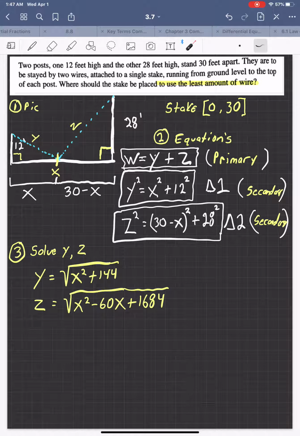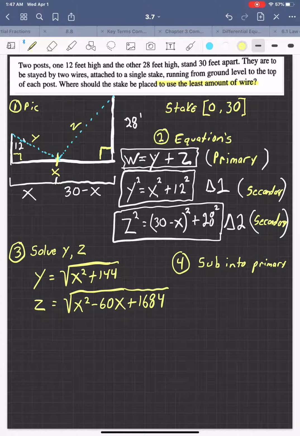So here we are with our two equations. So step 4 is going to be substituting into the primary. All right, so here we go. The old primary equation was W equals y plus z.